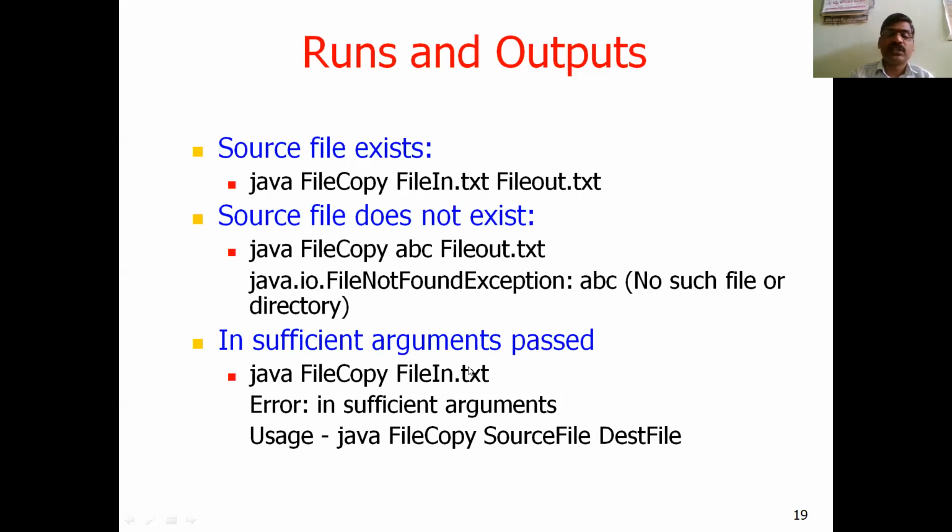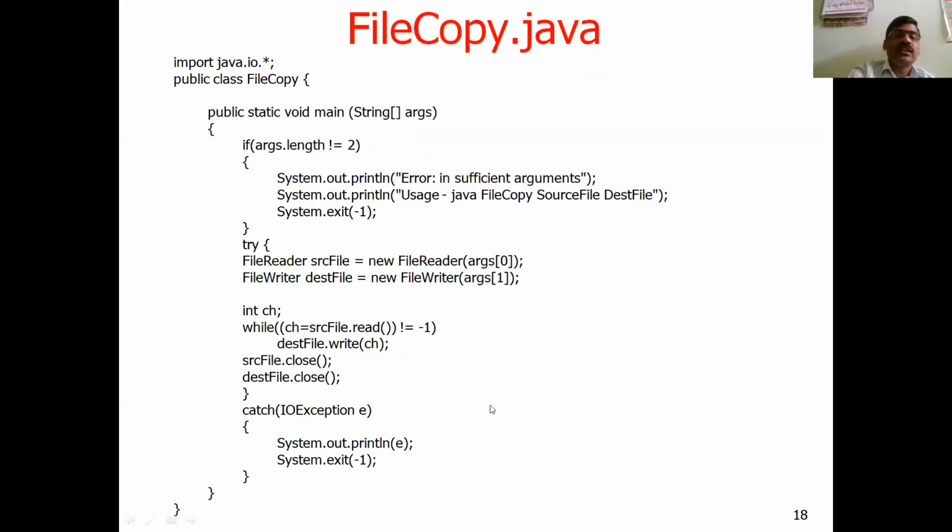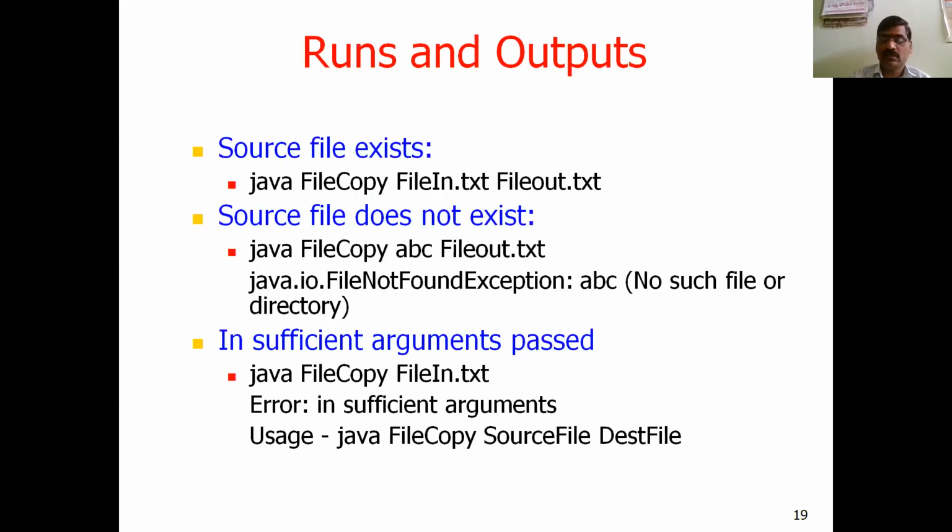So we have not passed the destination file, so we will get the error message: insufficient arguments, usage is java FileCopy source file destination file. So this error we have just handled here. If args.length not equal to 2, that means you have not provided the sufficient number of arguments.